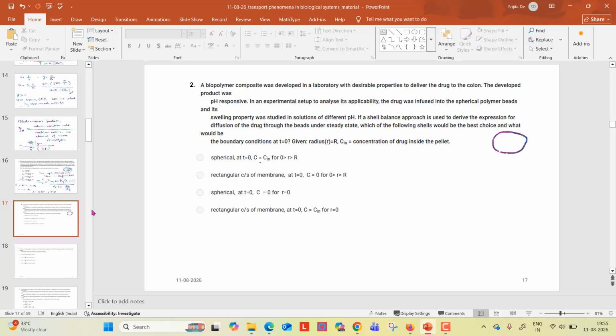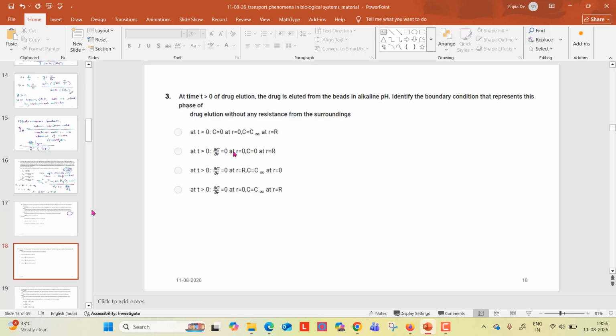So it is option A, simply option A. At time t equals 0, the drug is already infused and it is infused uniformly inside the pill. Okay. Next.